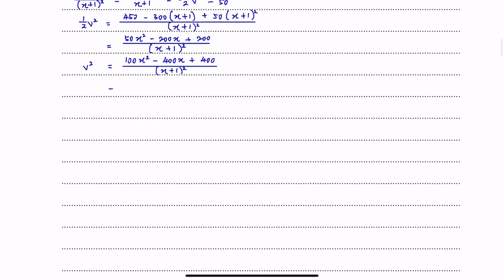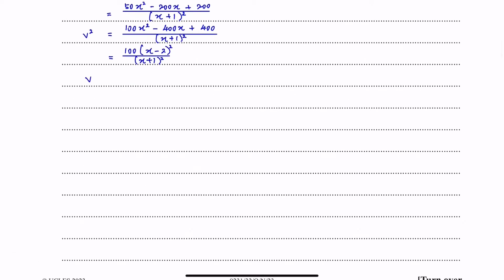And this can be written as 100 times (x minus 2) squared over (x plus 1) squared. So now v can be plus minus 10 times (x minus 2) over (x plus 1).